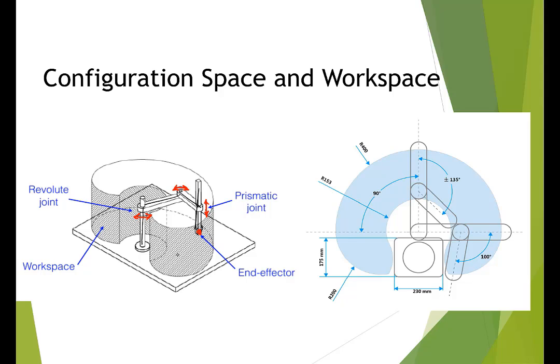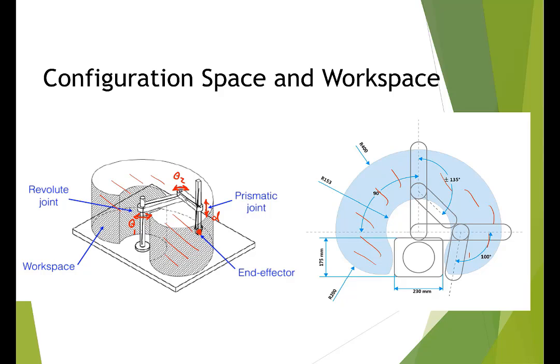And this space is called workspace, which we have shown with this hatched volume. If you look at it from the top, it's this area. So if we move these joints by specific angles and displacement, the end effector will go somewhere in this space. This space is called workspace.